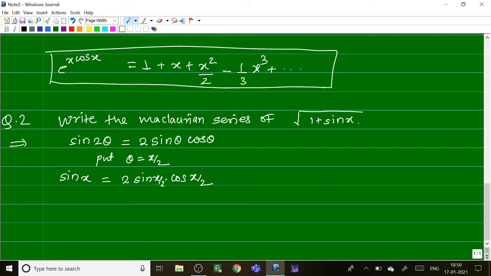So my given function f of x, which is equal to root of 1 plus sine x, with the above substitution looks like root of 1 plus 2 sine x by 2 into cos x by 2.